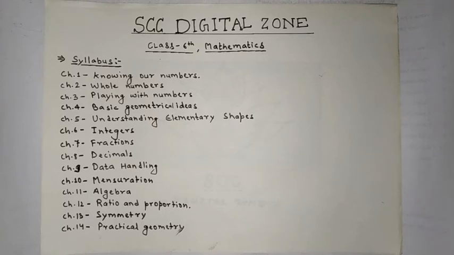Also in this chapter we see the largest numbers up to 1 crore, 2 crore, 3 crore, and comparison of those numbers. We also learn the Roman numerals, use of brackets, the Indian system of numeration, and the international system of numeration. These topics and more we see in this chapter.